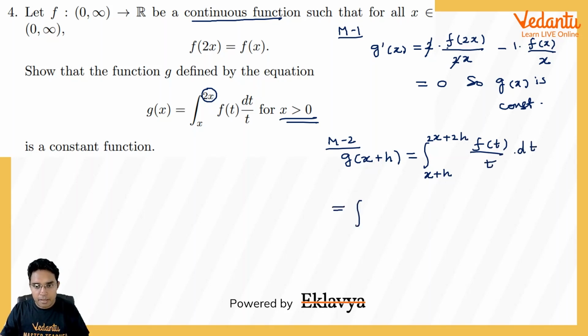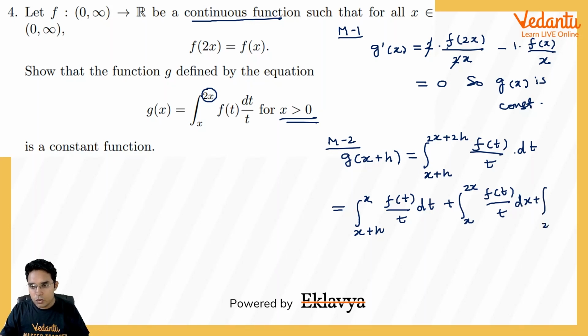I can break the limits like this: the integral from x plus h to x of f(t) upon t dt, plus the integral from x to 2x of f(t) upon t dt, and in the end the integral from 2x to 2x plus 2h of f(t) upon t dt.